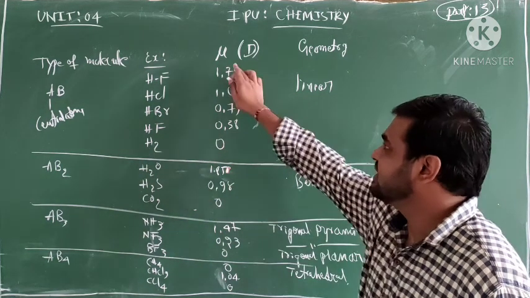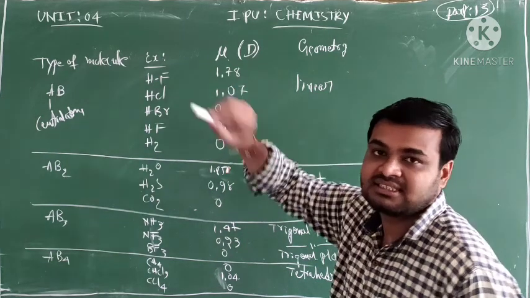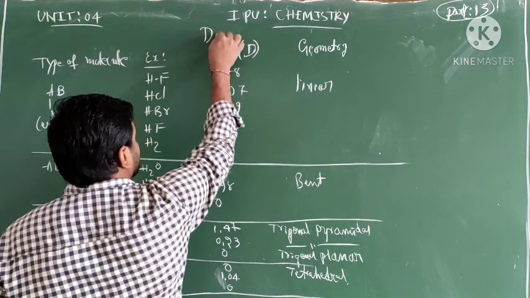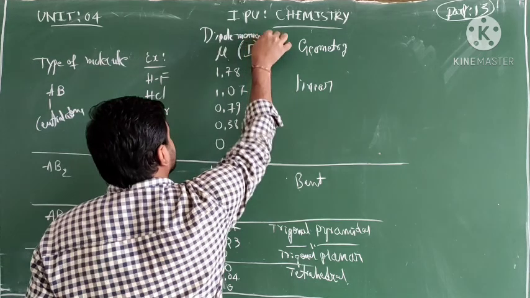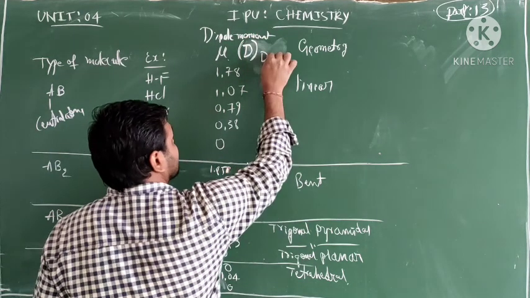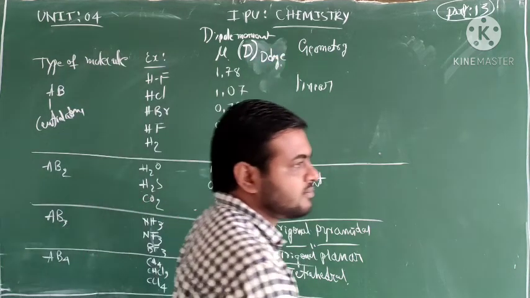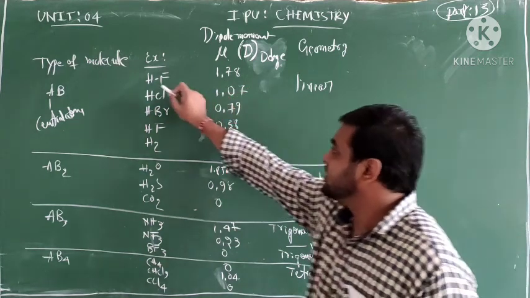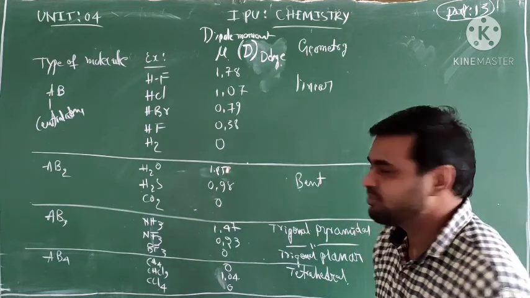This is the dipole moment. Mu is the representation of dipole moment, and D is the Debye. Now see the values for the HF molecule, with fluorine, chlorine, bromine. We already discussed this in previous classes.